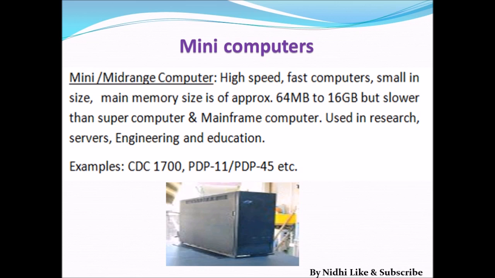It is mainly used in research work, for making servers, engineering, and the education department. They occupy a size similar to a washing machine, you can say. Examples are CDC 1700, PDP 11, PDP 45, etc. These are the names of the systems only.